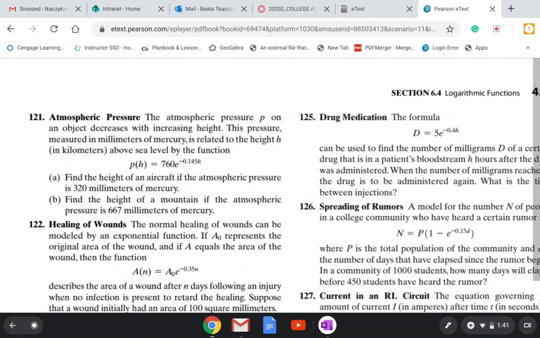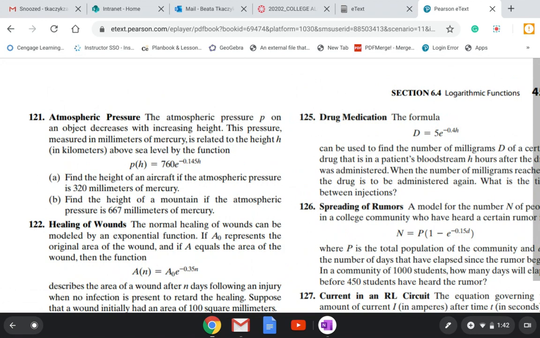This pressure, measured in millimeters of mercury, is related to the height, h, in kilometers above sea level by the function P of h, where P represents pressure and h represents the height, equals 760 e to the power of negative 0.145 h. We have to do two things. A, find the height of an aircraft if the atmospheric pressure is 320 millimeters of mercury. B, find the height of a mountain if the atmospheric pressure is 667 millimeters of mercury.